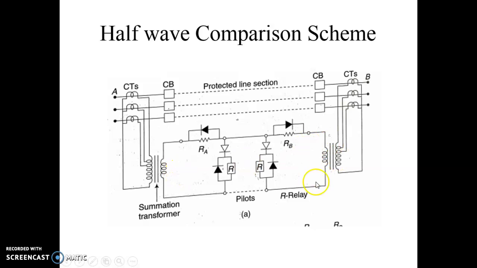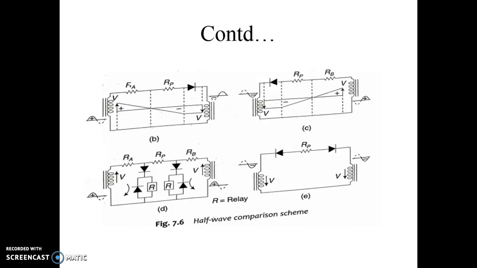Theoretically the voltage at the B side is 0, but RP is less than the resistances RA and RB, hence it is slightly negative, and in this condition the relay does not operate. That is the normal and external fault condition, shown in figure C: positive polarity at the B side, the other side shorted and negative, and the relay doesn't operate.